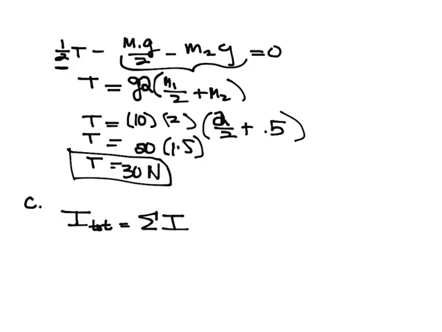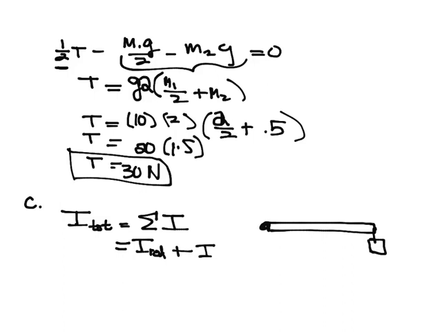And so if I look at this picture, I have this hinge, right? And I have a block hanging off of it. So my total will be I rod plus I block.